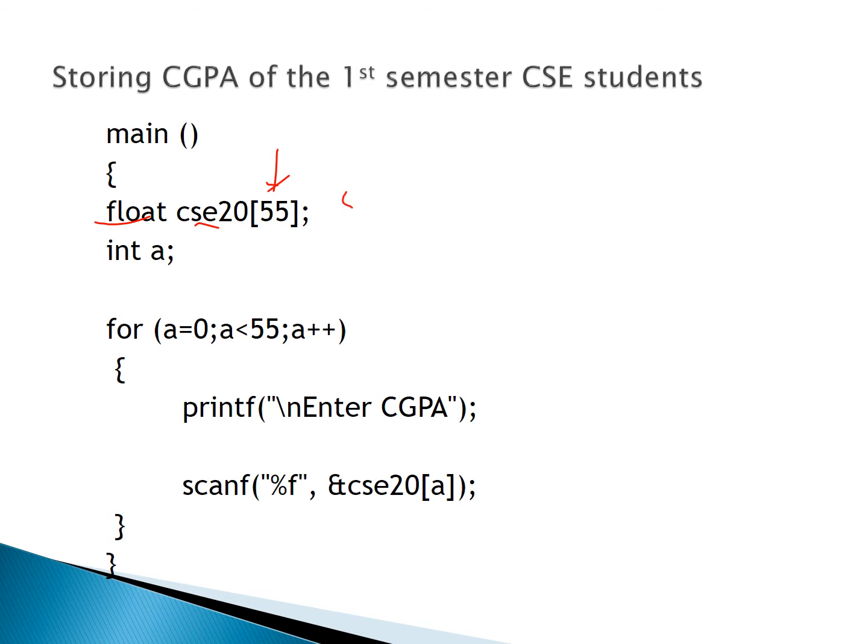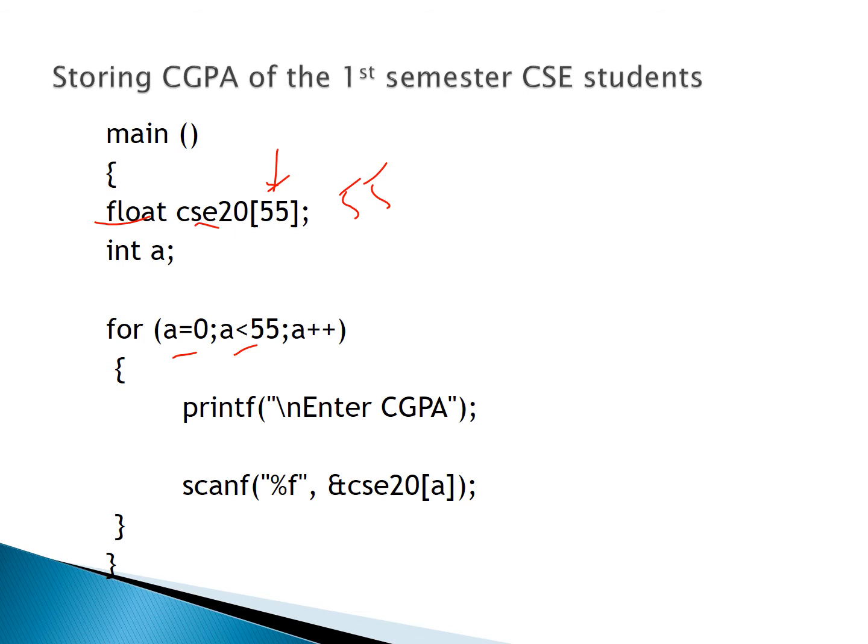So we have 55 float variables. Now again, it will be very difficult to assign a value to each float variable, so we will use a for loop. You are already familiar with the for loop, the initialization part. So a is equal to 0. If a is less than 55, then execute the body, and then a plus plus, a will be incremented.